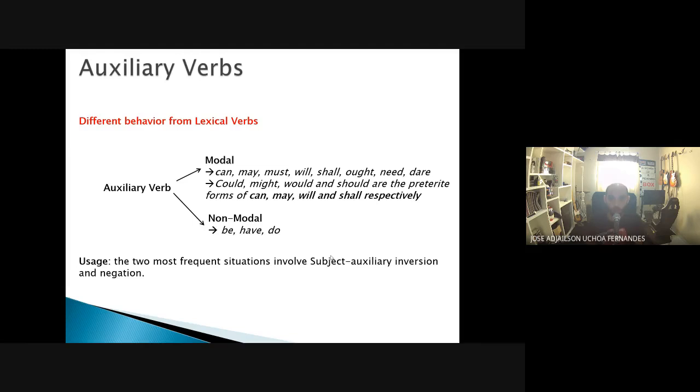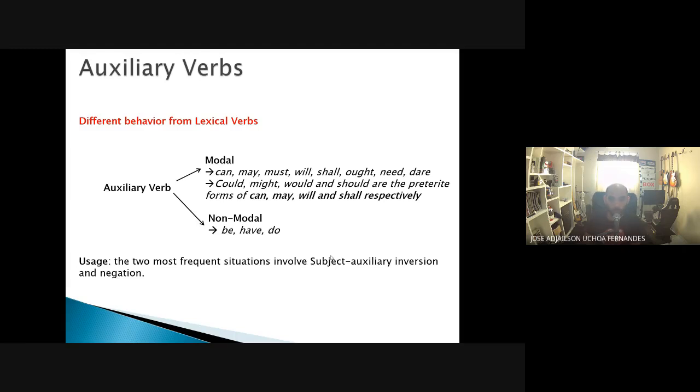Basically, they are not verbs that work as auxiliary verbs. They are those verbs that we call the main verb of the sentence, of the clause. The auxiliary verbs are those that are associated with another verb, which is the main verb.